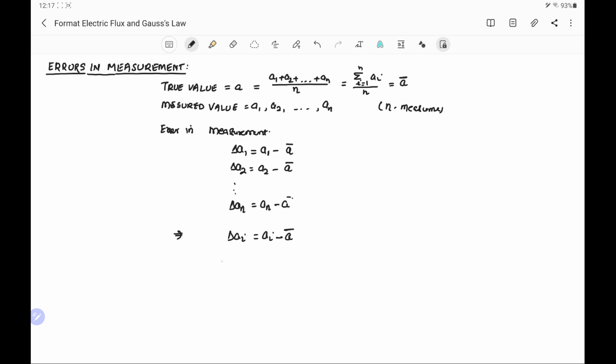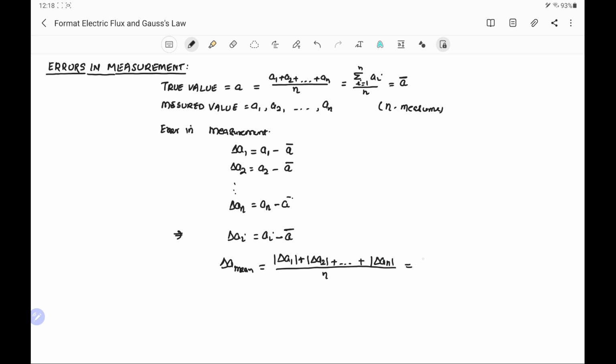Therefore, delta a mean, it means we are taking the mean of the errors. This will be equal to the sum of all the errors, and errors are to be taken positive. Therefore, we can write mod of delta a1 plus mod of delta a2. Mod refers to positive values only, plus and so on up to the nth error, divided by the total number of measurements, that is n.